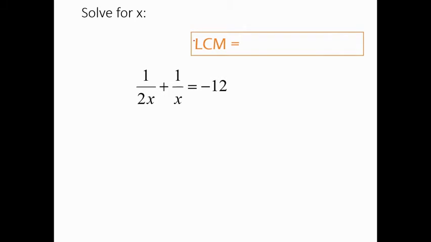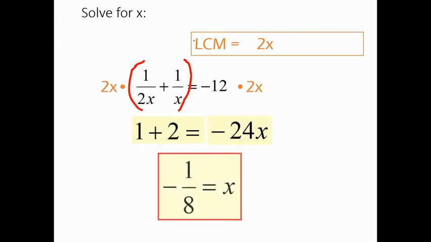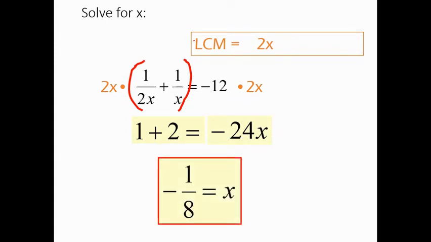What's our LCM here? That's right, it's 2x. So again, we're going to multiply both sides by 2x. So we get 1 plus 2, and that's going to be equal to -24x. Divide by -24, so we get -1/8 is equal to x. And again, if you plug that back in, none of your denominators are going to turn to 0.